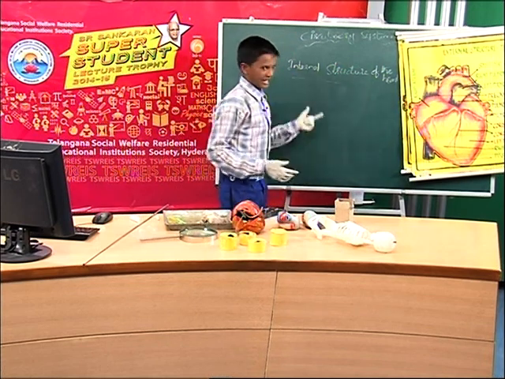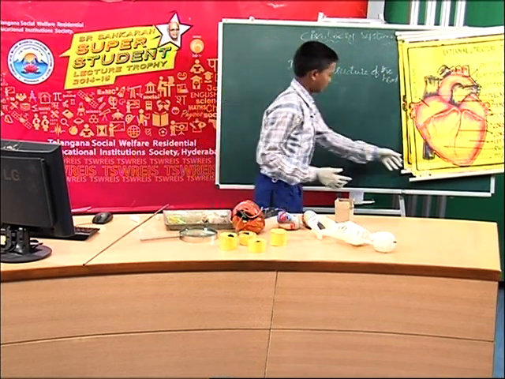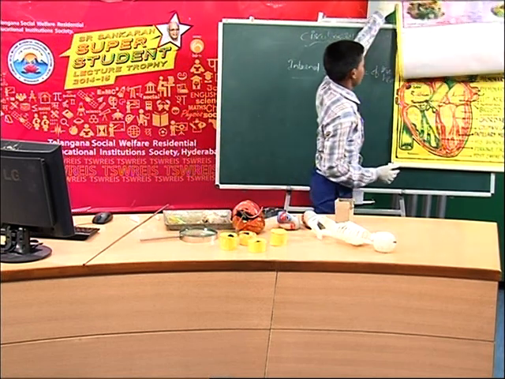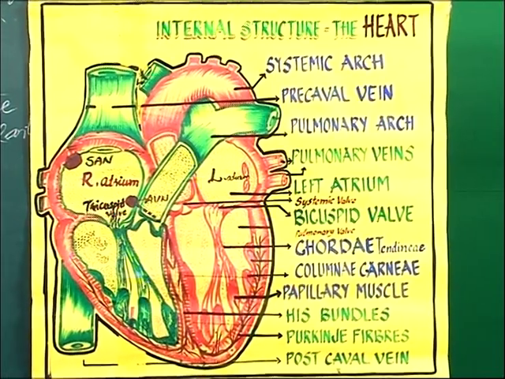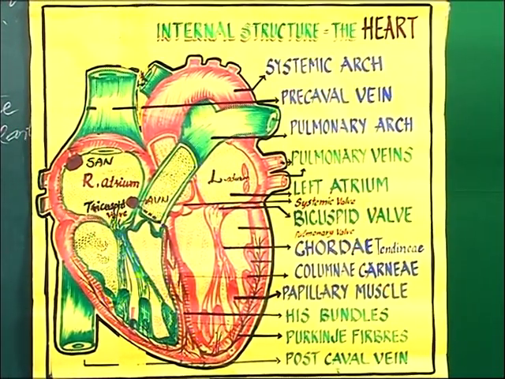The upper two are the atria, the lower two are the ventricles. Look here, Tswreis. This is the internal structure of the heart.